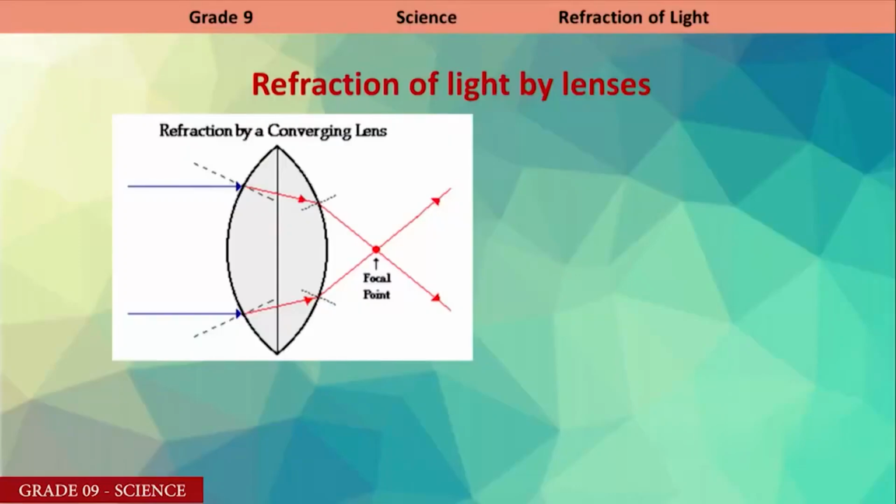This is a biconvex lens. You know, biconvex lenses converge light rays to a certain point. When a parallel beam of light is falling on a biconvex lens, this is how it is getting refracted.